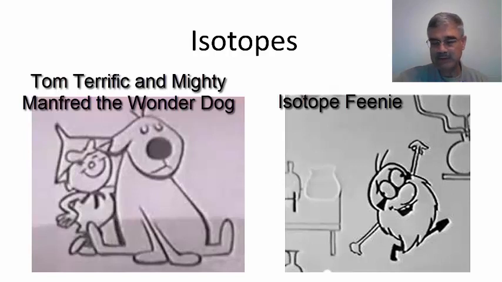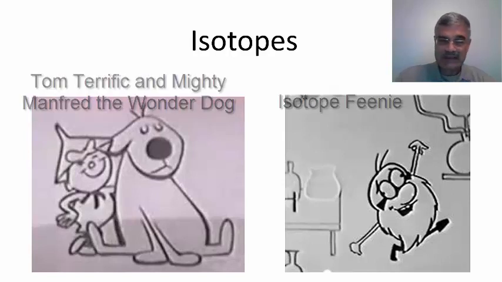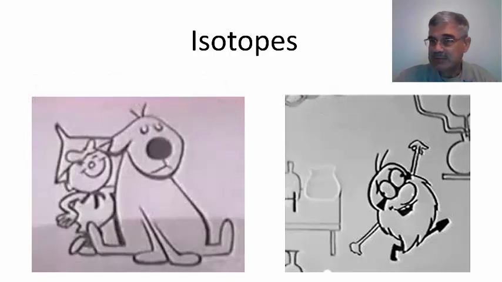And Tom Terrific solved all kinds of problems. And one of the baddies, mean guys, was Isotope Feeney. And this is one of the first cartoons I can remember from the Captain Kangaroo show around 1960. And I guess this scarred me for life because the first scientist that I was familiar with was a bad guy, Isotope Feeney. I guess I haven't gotten over it yet.